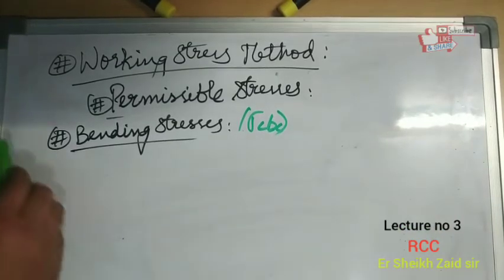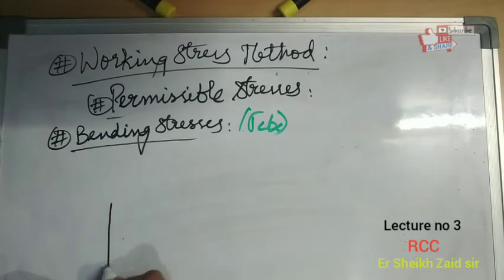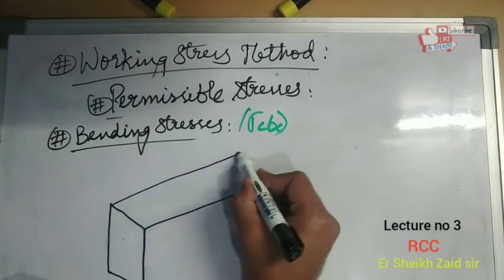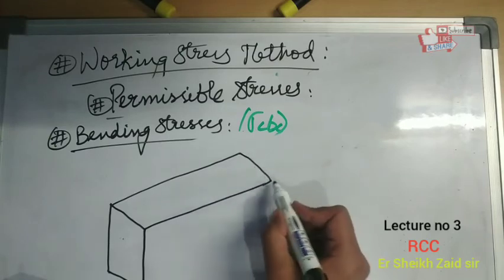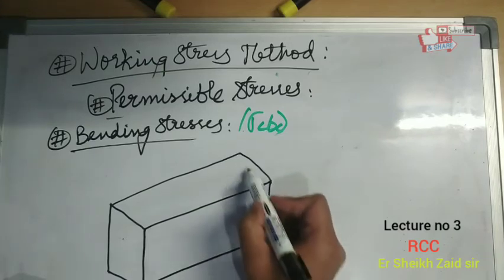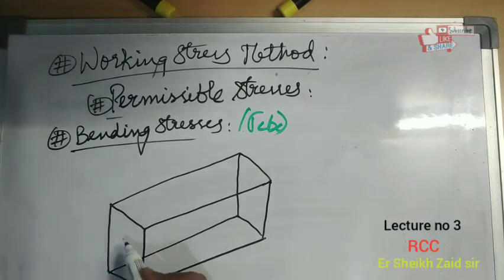If I make the beam in 3D like this, this is the 3D view of the whole beam, and this is our neutral axis.